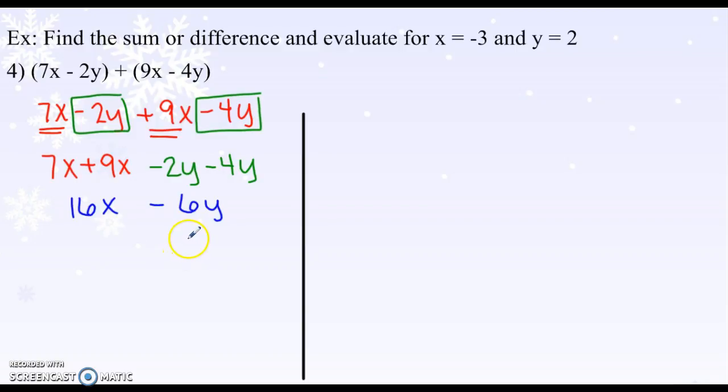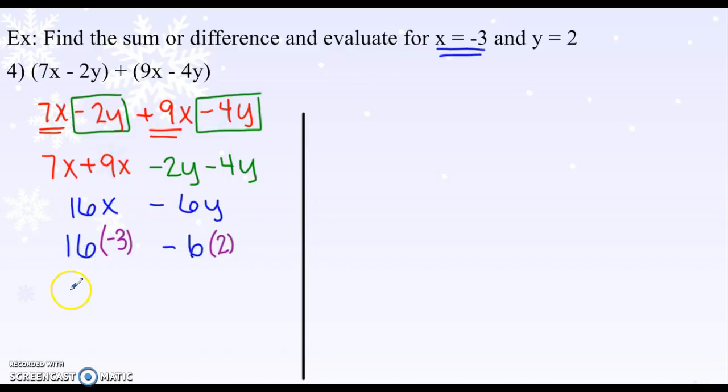And then we can go ahead and plug in our variables, what x and y are both worth. It's a substitution. So if my x value is negative 3, I can plug that in where I see an x. And if my y value is 2, I can plug that in where I saw the y. And I'm just going to evaluate this.